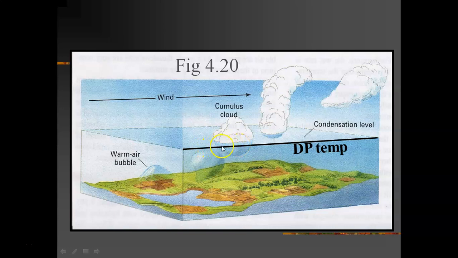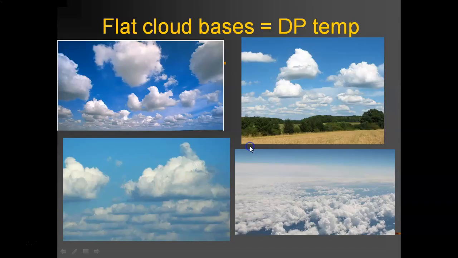And once the air reaches 100% relative humidity, you're going to have that phase change. You fill the air up to capacity, and any more water vapor that's added winds up condensing and forming a cloud. And there we got there.